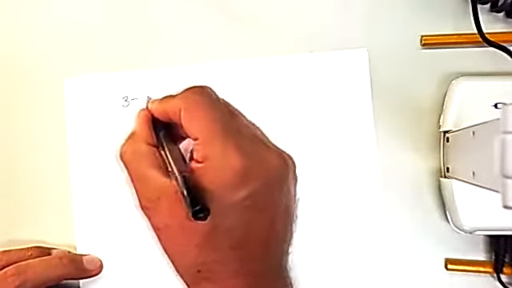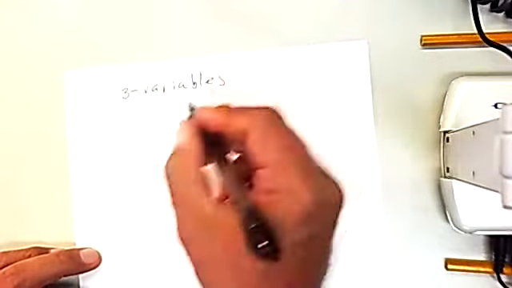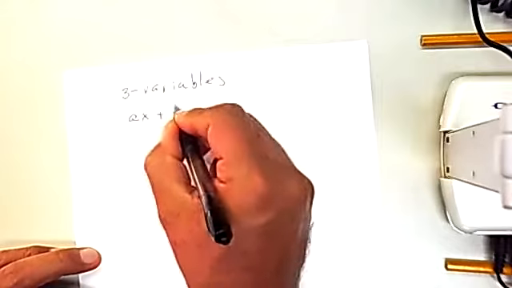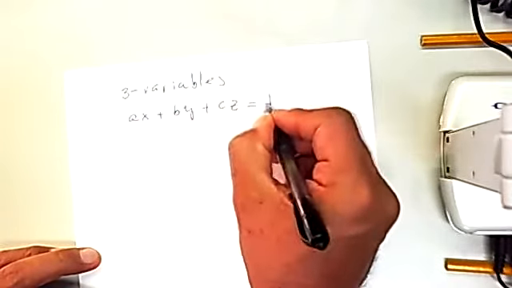If we have 3 variables, let me give you the general case. So we had the case of 1 variable in the equation, and 2 variables. If we have 3 variables, say you have ax plus by plus cz equals d.